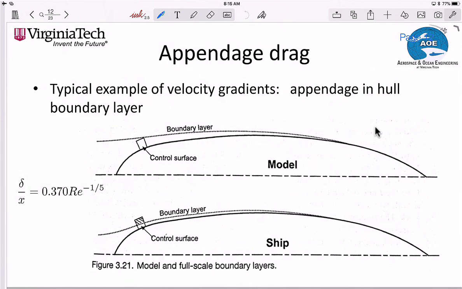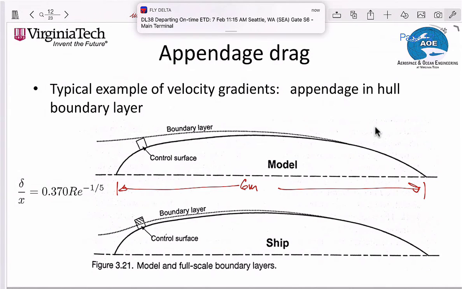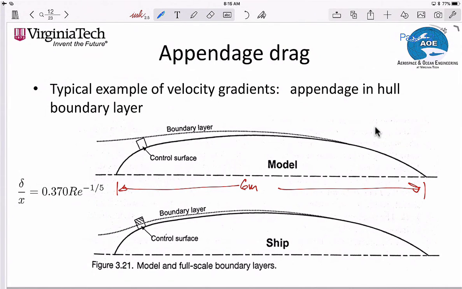Now, an example though of velocity gradients. Let's imagine we're looking at the model. So this is maybe a 6-meter model. It's about 20 feet long. You're testing it up at the Navy lab in the big towing tank. In that case, the boundary layer is thick, relatively speaking, right? So the incoming boundary layer is here. Okay, and then on the ship, which let's say the ship is 200 meters.